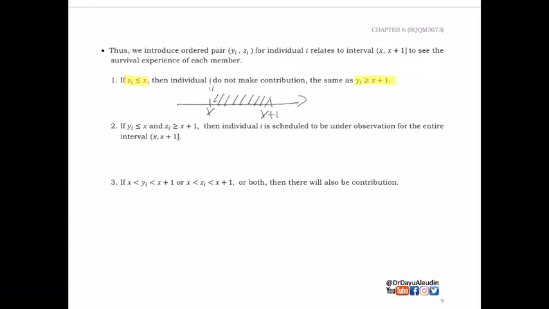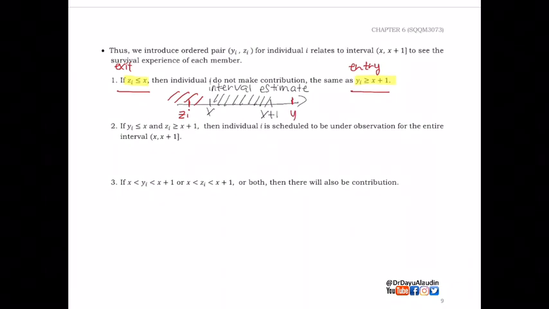ZI, the exit age, is before here, somewhere here, let's say before X. Or YI, the entry age, is greater than X plus 1, so the entry age is after X plus 1.